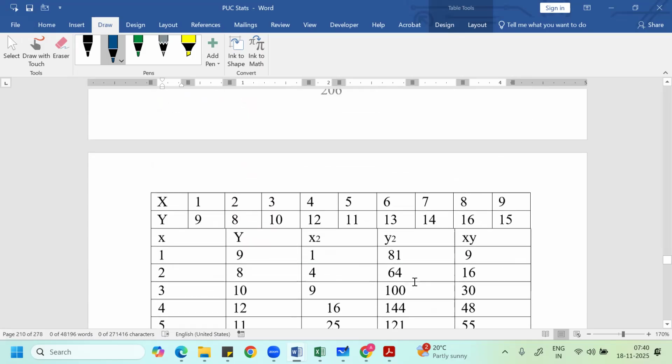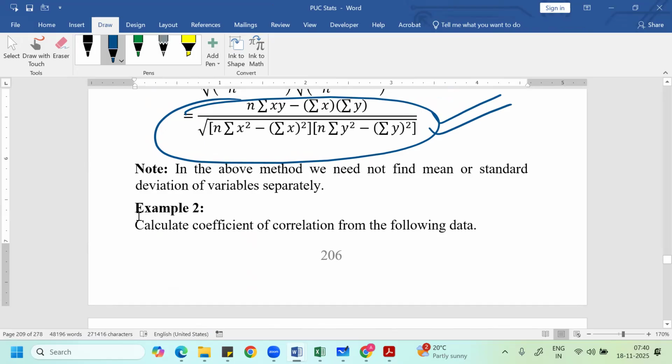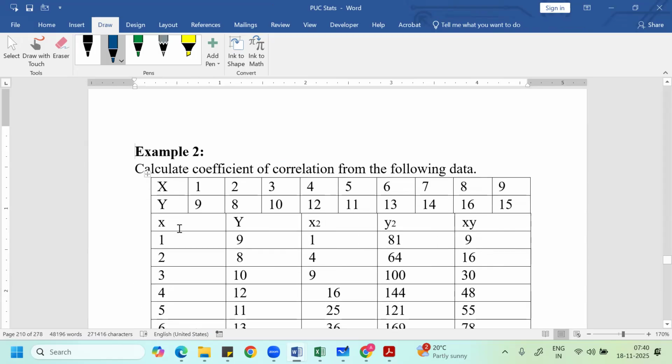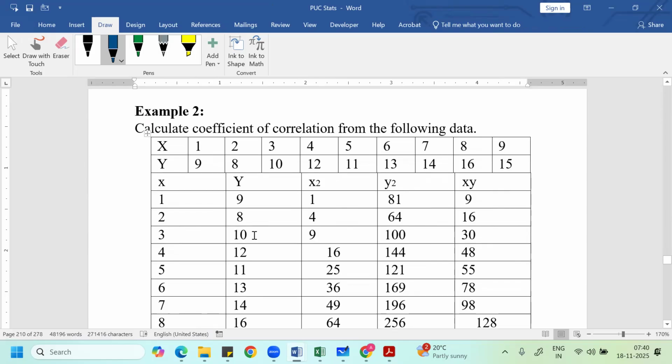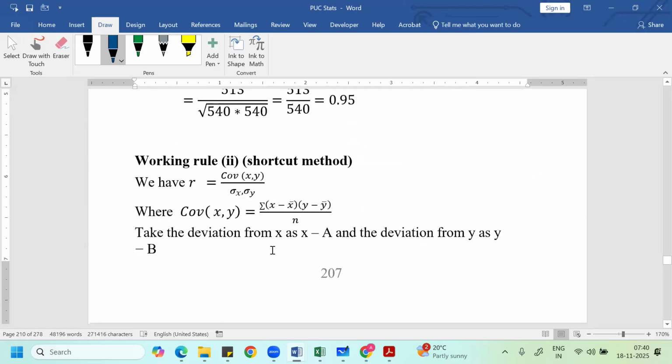Use the method and the formula I told you and find the r value again. If you find r based on this data, you will get 0.95. You can try it by yourself.